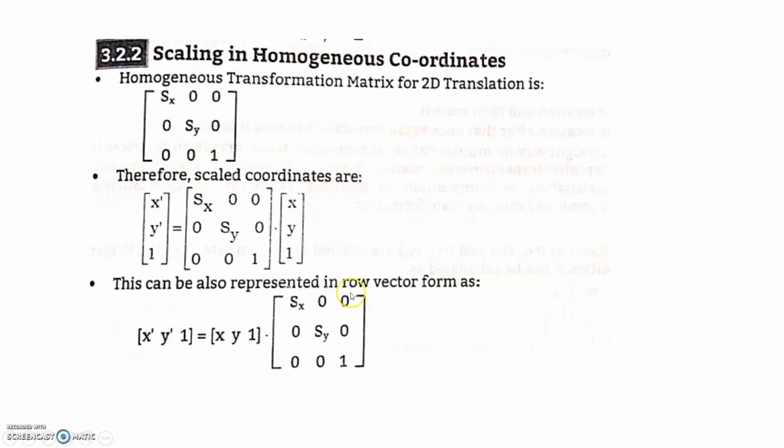You must remember this formula for scaled coordinates. This can also be represented in row vector form in this way.